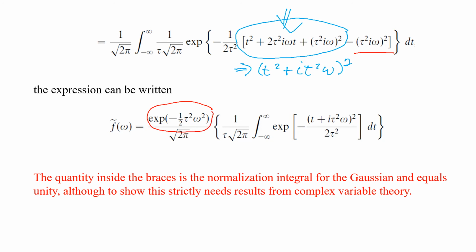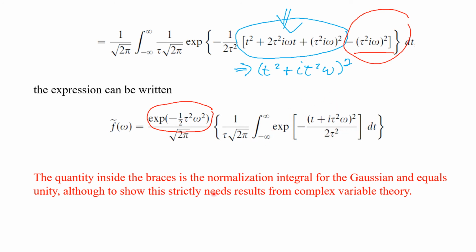This is just this term here taken out of the exponential expression, so that we are just left with 1 over tau square root of 2 pi, integral of exponential of negative (t plus i tau squared omega) squared over 2 tau squared dt.